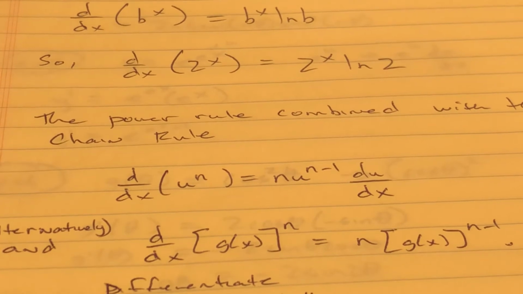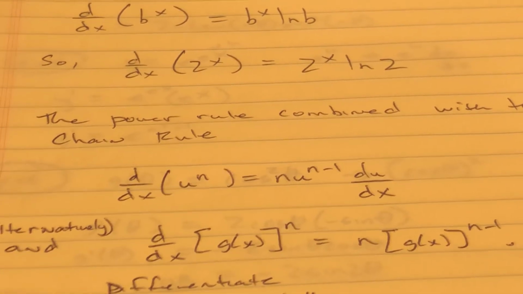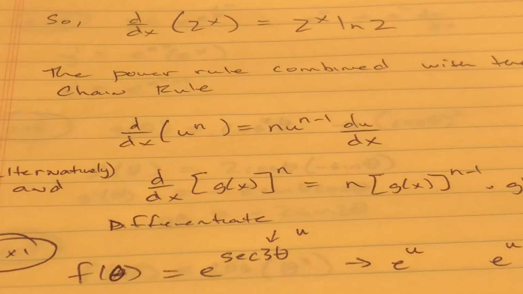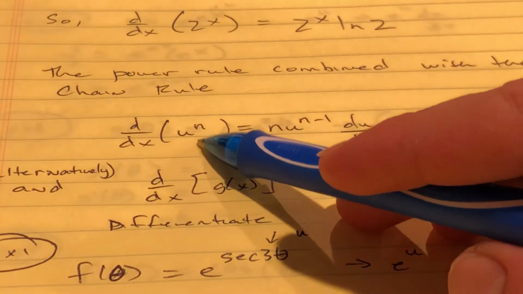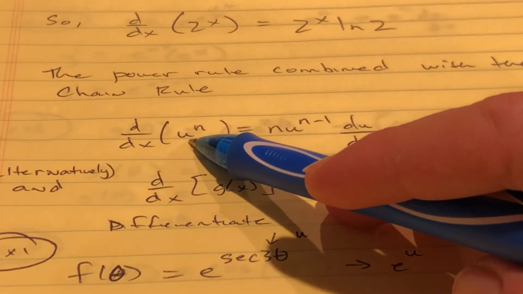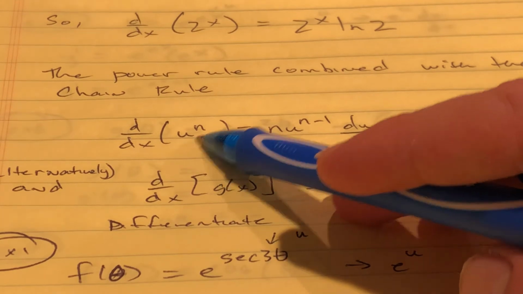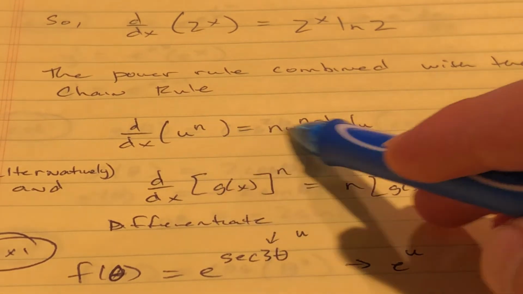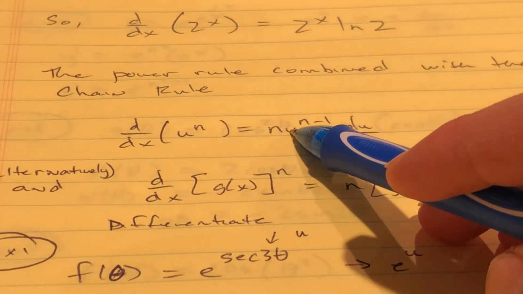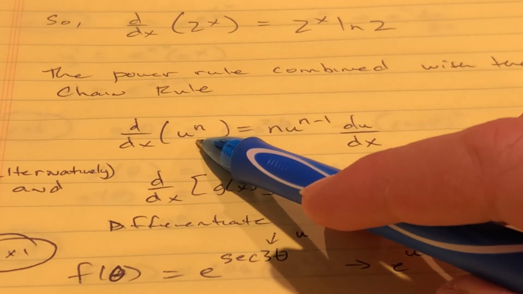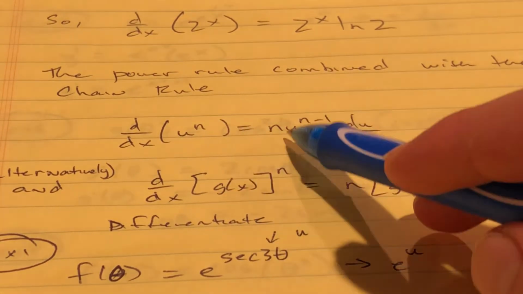The power rule combined with the chain rule, we're using this a bunch. So the derivative of, you're like, but that's u to the n. Again, we describe this function u in terms of x. We're taking the derivative of some u, which is in terms of x: bring down the power, so n, u to the n minus 1.